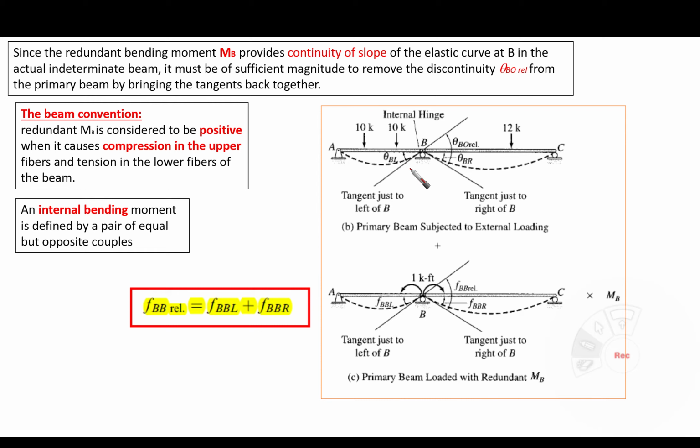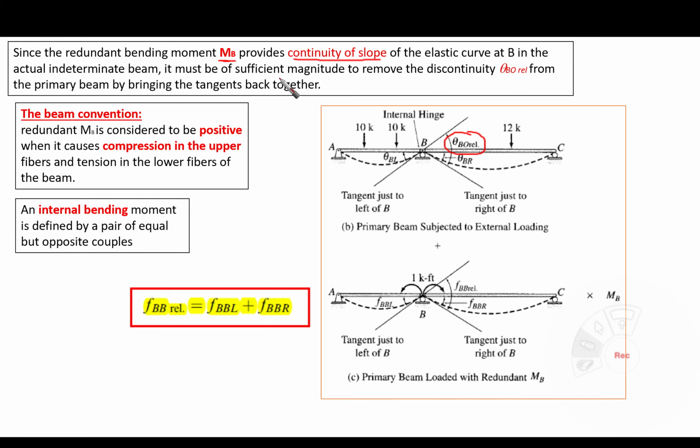Let's understand the meaning of this. When we removed the moment MB and introduced the internal hinge, there was this theta BO relative, right? This means that the redundant bending moment MB provides continuity of the slope, because when we removed MB, we found that there is discontinuity. So MB provides continuity of the slope of the elastic curve at B in the actual indeterminate beam.